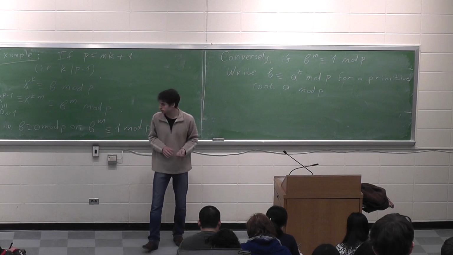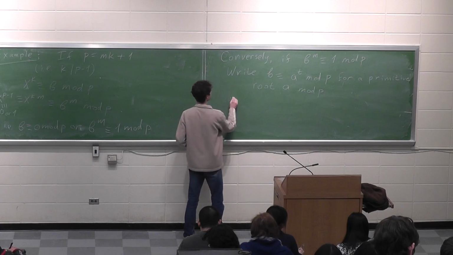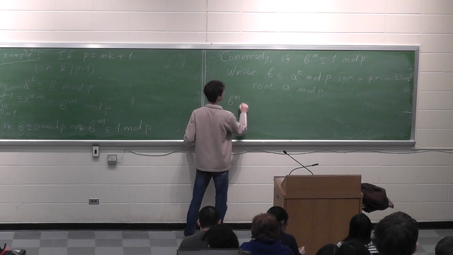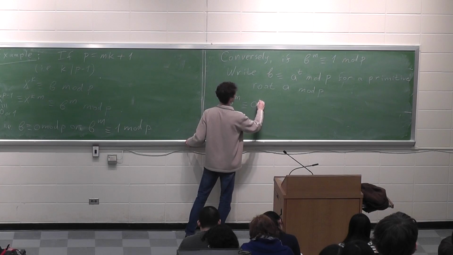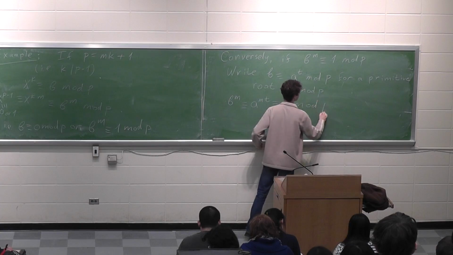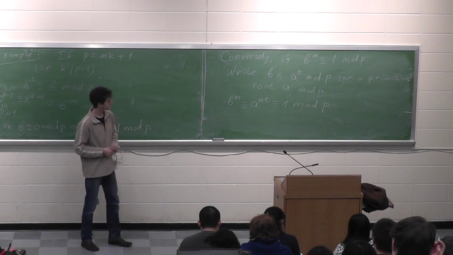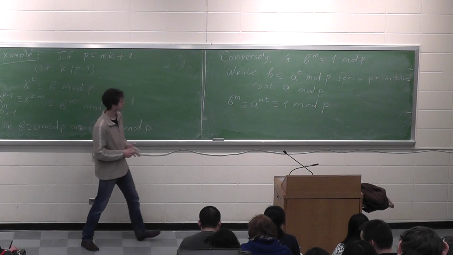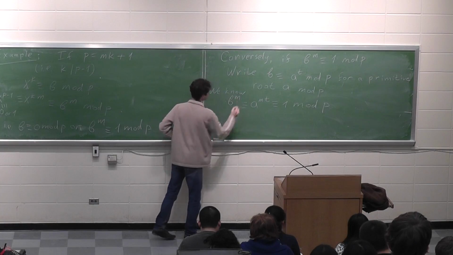Okay, let's see what this equation tells me. b to the power m, which is a to the power mt, is congruent to 1 modulo p. And this holds.